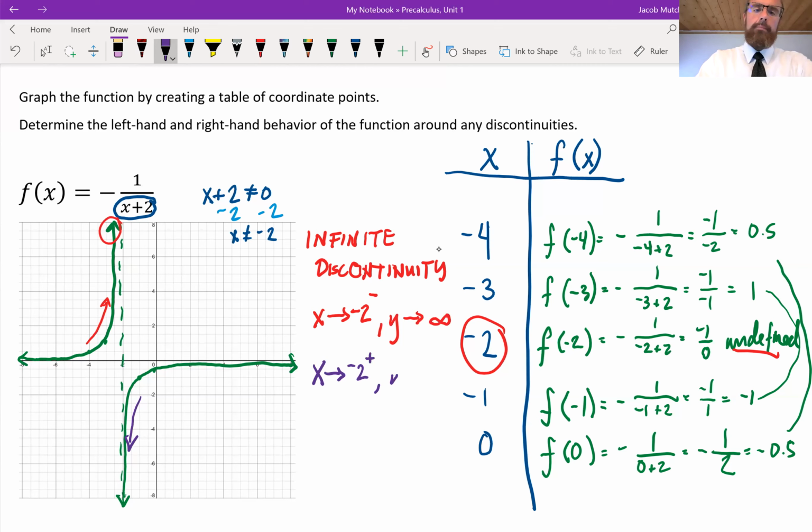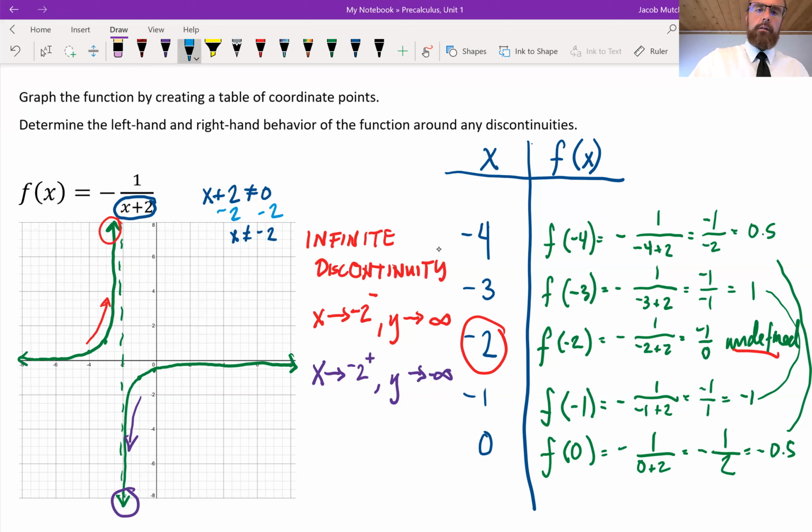What's happening to Y? So I'm going to look down here. Where is the function headed in terms of its Y value? Well, it's going down, down, down, down, down, right? Forever. So what I'll say is, as X approaches -2 from the right, Y approaches -infinity.